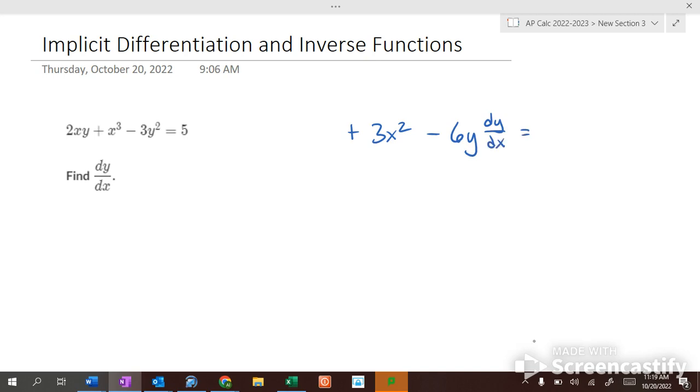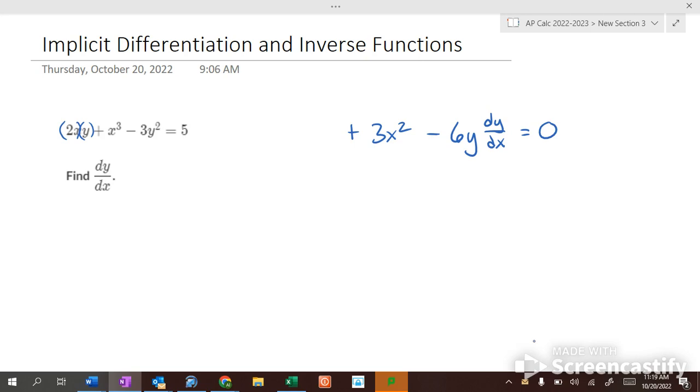Okay? Equals, what's the first derivative of 5? 0. And so this first one is 2xy, which is really 2x times y. So it is the product rule.